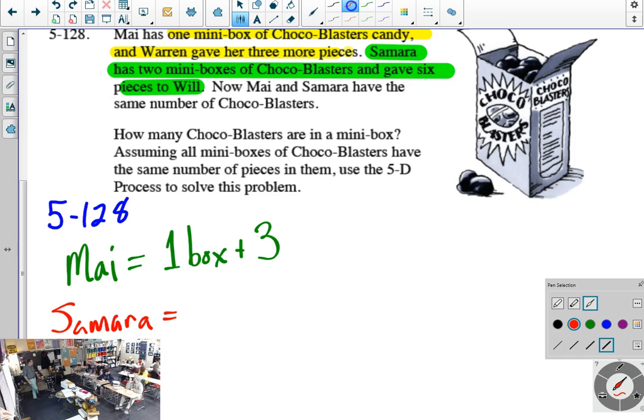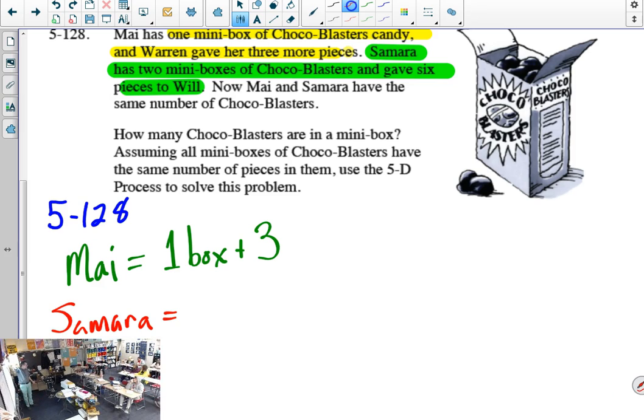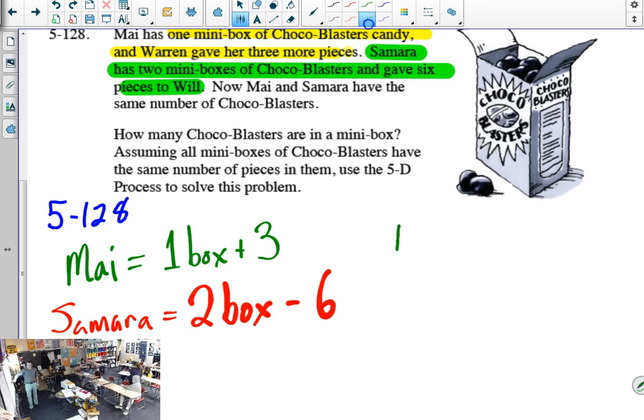So, Samara has 2 boxes, and then gave 6 to Will. So did she gain 6 or lose 6? She lost 6, so she has 2 boxes minus 6. So we could rewrite these by saying M is 1B plus 3.